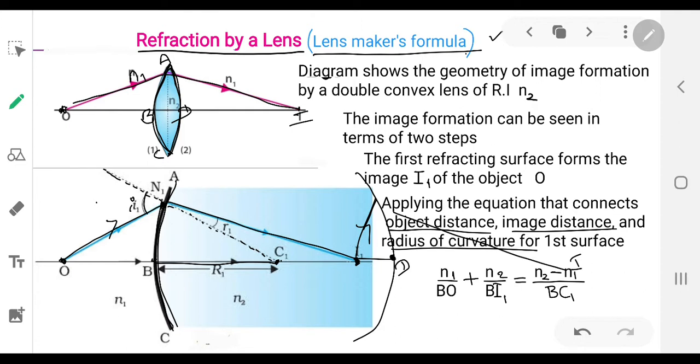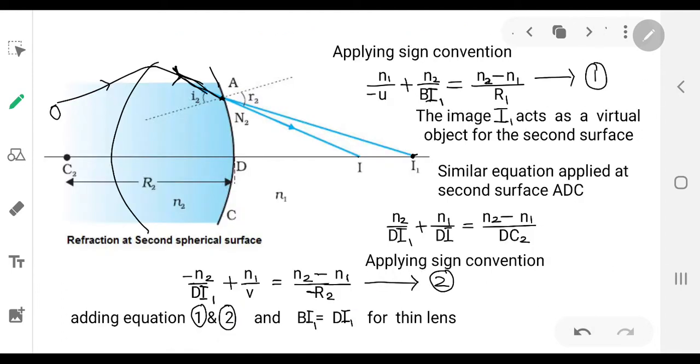So DI dash will be your object distance for the second refracting surface, and the rays emerging from I dash will be the incident ray for the second refracting surface. So I dash will be the object for the second refracting surface.